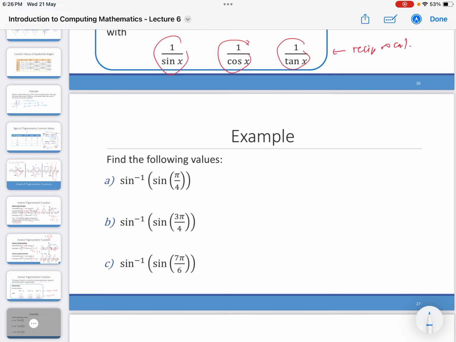For this one, we look at the inside first, inside the bracket. Pi over 4. If we draw, this one is pi, so pi over 4 is over here. Pi over 4 gives 45 degrees.